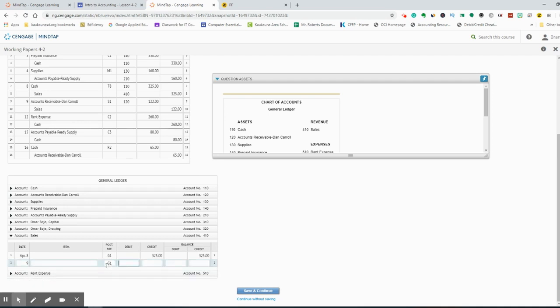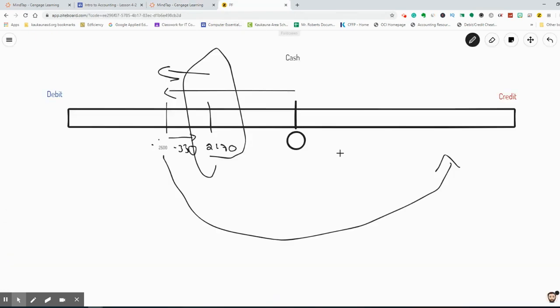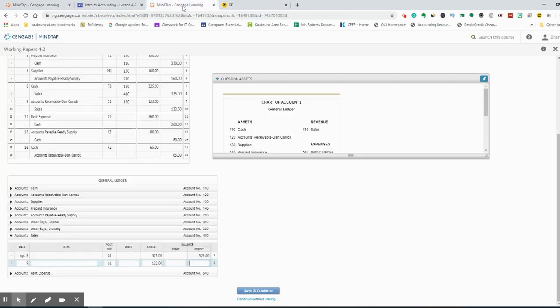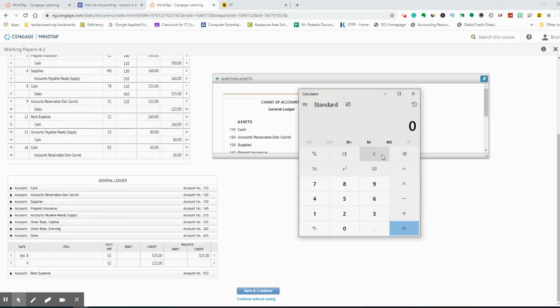Post reference is going to be journal page 1, and it's $122 of credit. So now we're on the opposite side of that spectrum, right? For our sales, we had $325 on the credit side, and we now have $122 sale. So it's going to move it further to the credit side, right? So now we have another $122. Let's go ahead and do that.